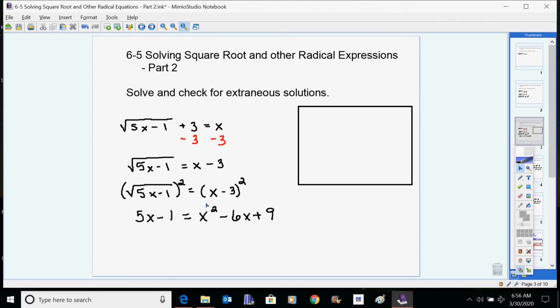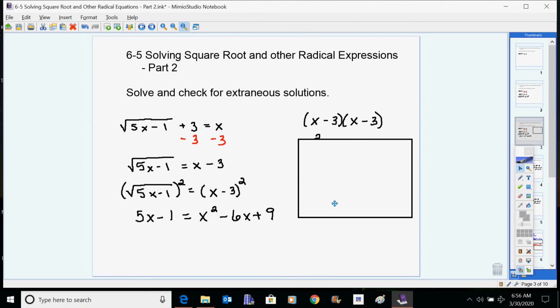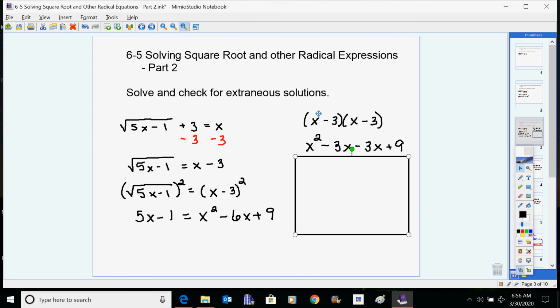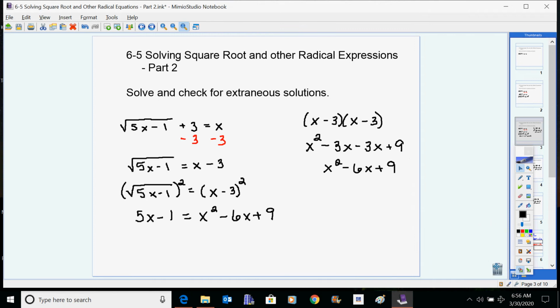Remember our pattern is that you square the first, you square the last, and double the product of the two. Sometimes that's harder to remember, so if you need to, you can do it like this. And remember that x squared minus 3x minus 3x plus 9 will give you x squared minus 6x plus 9.